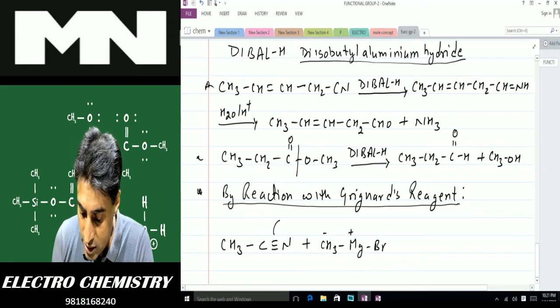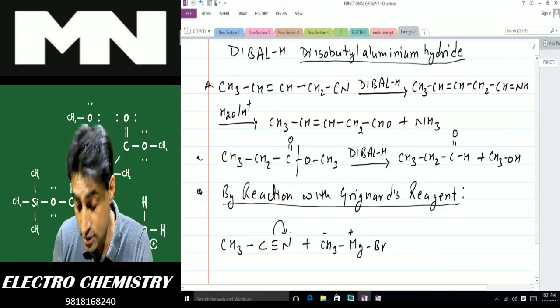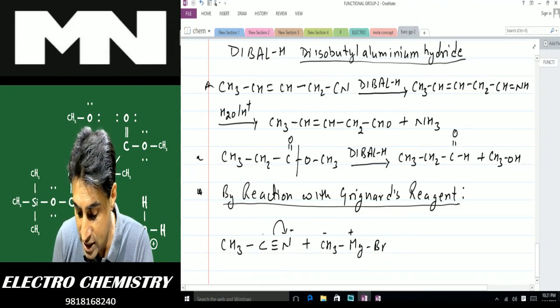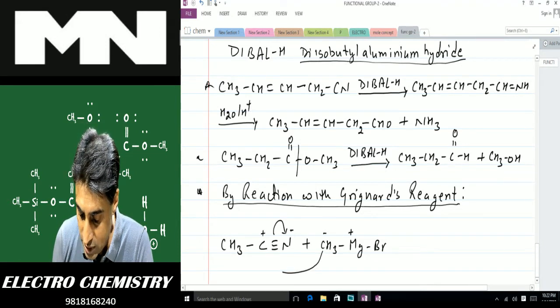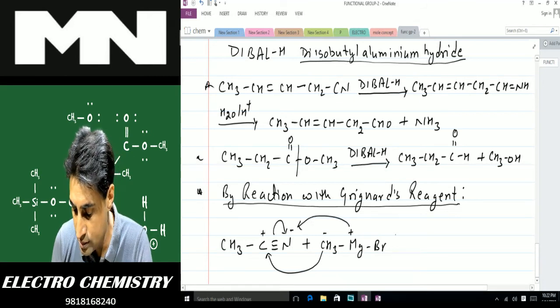The pi electrons will come toward nitrogen, because nitrogen is more electronegative, and that will become negative and carbon will acquire a positive charge. So CH3 will attack the carbocation and Mg positive will attack the nitrogen. This reaction will occur in the presence of dry ether.